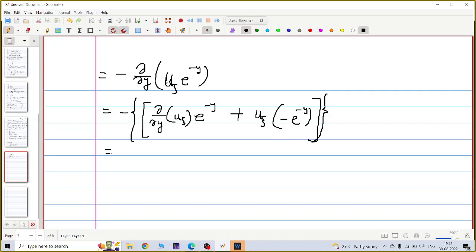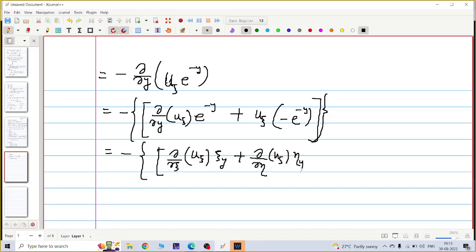So what is this? Again I will use chain rule here. So del xi of u into xi y plus del eta of xi into eta of y, this into e power minus 1.